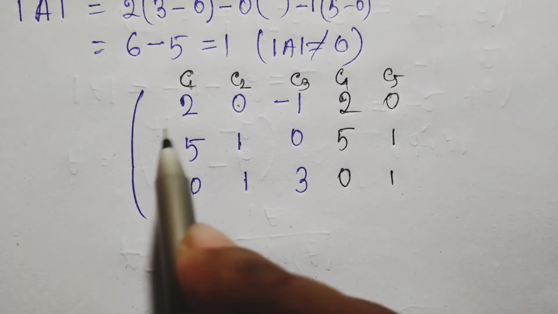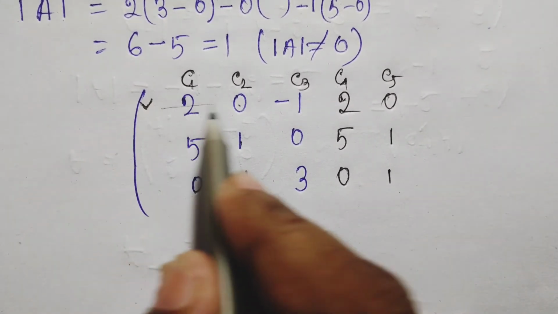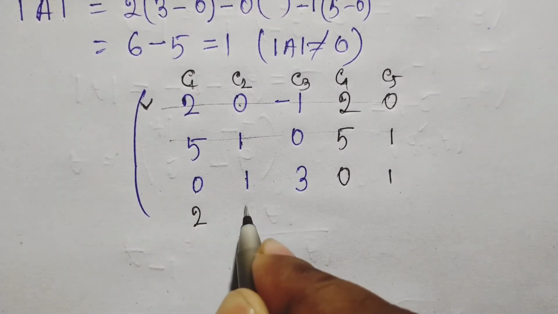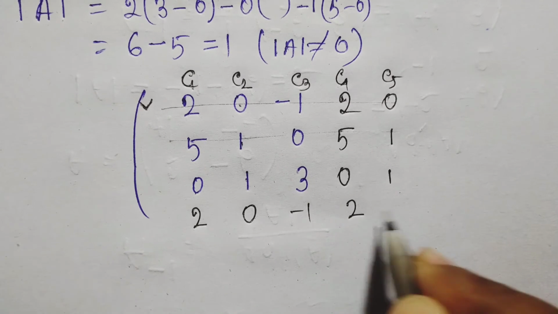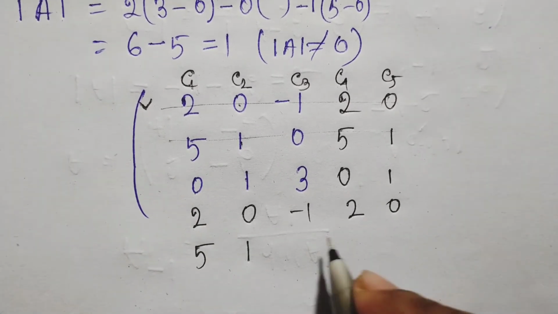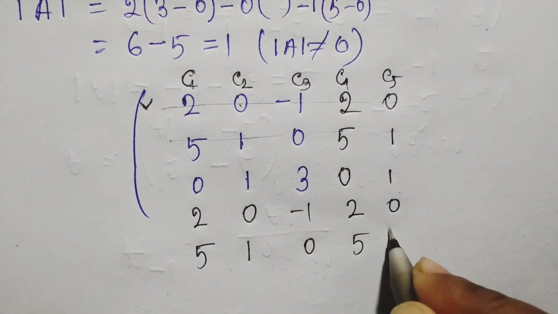Now we have to repeat the first two rows. Now here 2 0 minus 1 2 0 and 5 1 0 5 1.